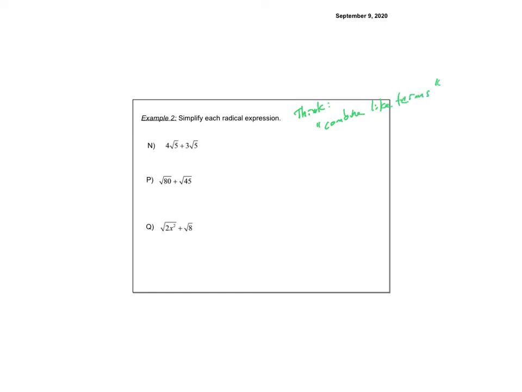For an example, 5x plus 2x equals 7x. So if you've got 4 square root of 5 plus 3 square root of 5, it's kind of like 4x plus 3x. That would give you 7x, but in this case it's 7 square root of 5.